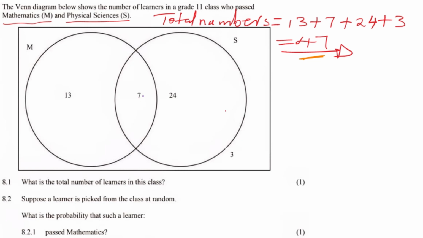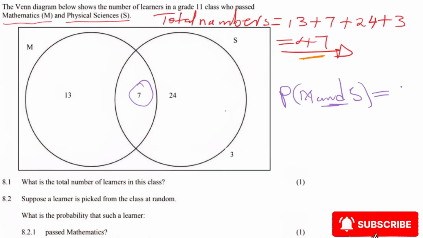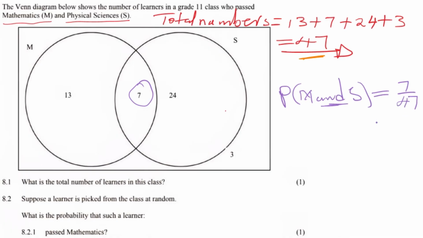The probability that the learner passed both maths and physical sciences is given by 7 divided by 47. That becomes our answer, but in decimal form you will have 0.15.